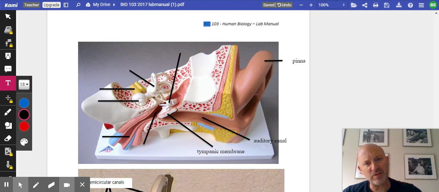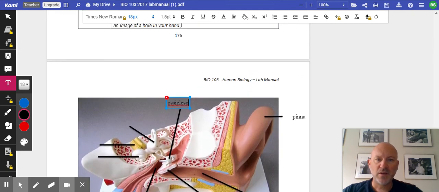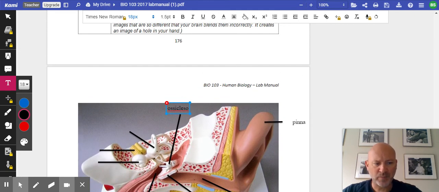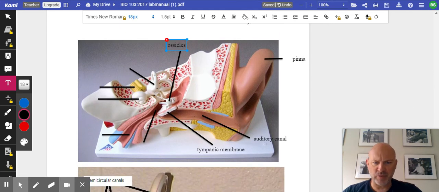Collectively, we call these bones the ossicles. And what the ossicles do is they vibrate.